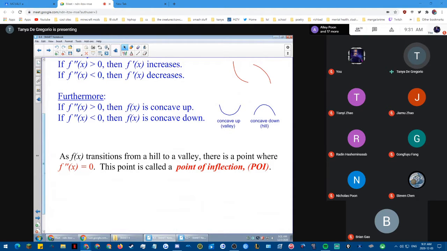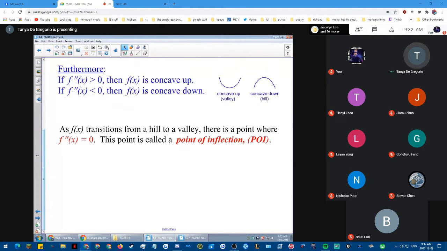If your second derivative is less than 0, then your function is concave down. The first derivative is decreasing, but the function is concave down. 2 degrees up. You see that? Okay, so be careful. Don't get confused there. And we can see here that concave up is our minimum, it's a valley. Concave down is a hill, it's a mountain.